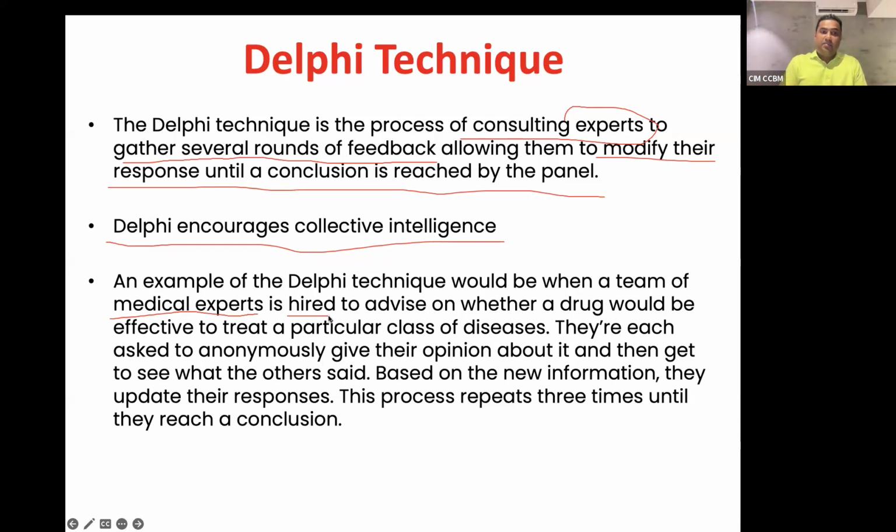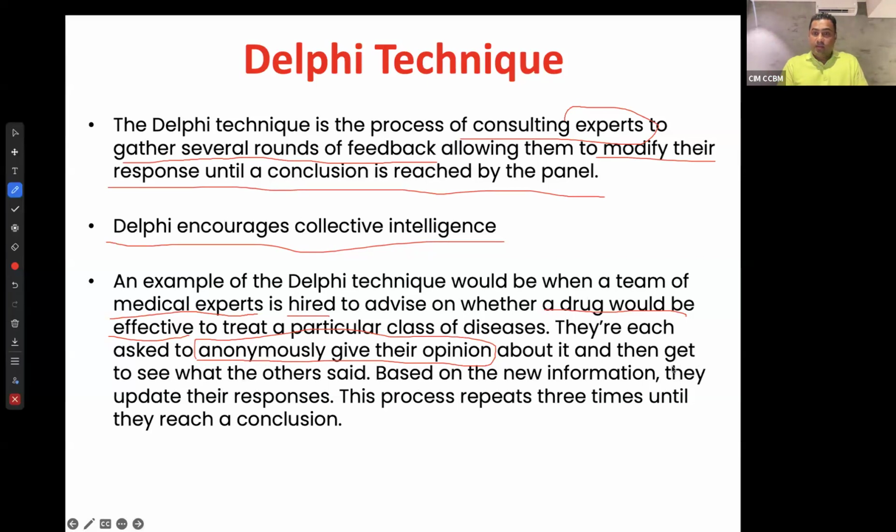So here's an example of the Delphi technique: a team of medical experts is hired to advise on whether a drug would be effective. It's a very serious, statistically valid research to treat a particular class of disease. They are each asked anonymously to give their opinion. So individually, they are asked, what is your opinion about the drug?